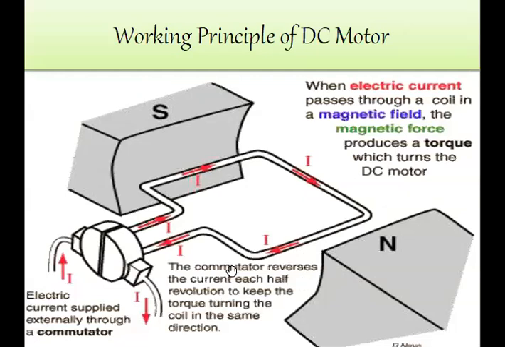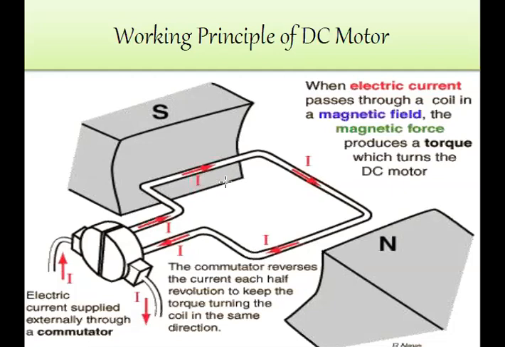When you place this current carrying conductor in this magnetic field, the conductor also produces its own magnetic field around it. So here there exist two different magnetic fields: one produced by the field poles, the north pole and south pole, and one produced by this current carrying conductor.